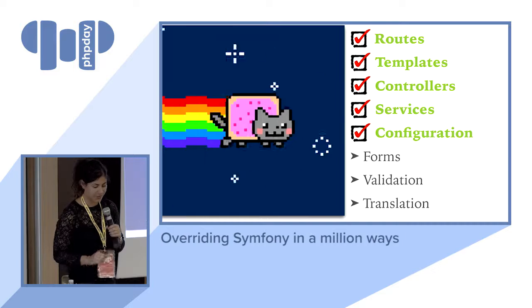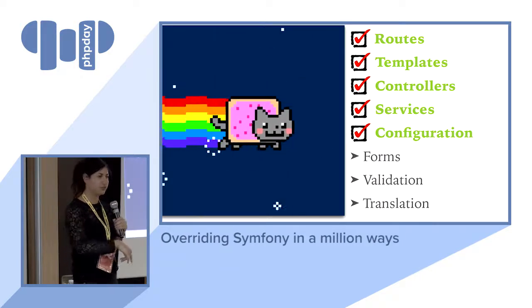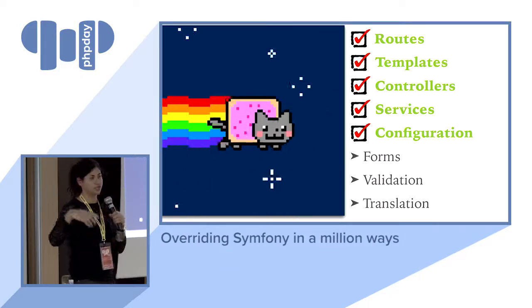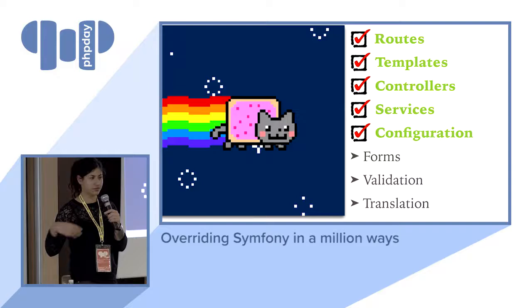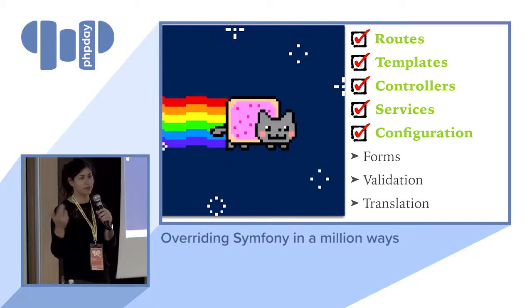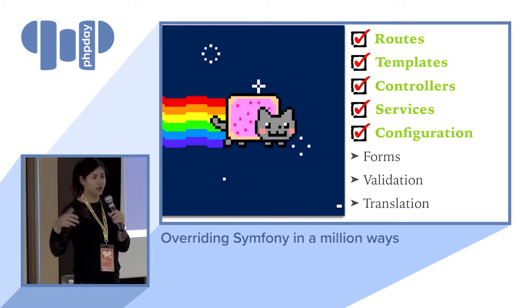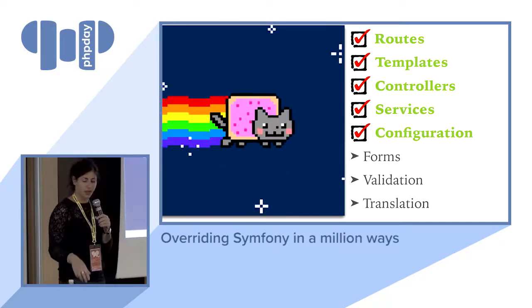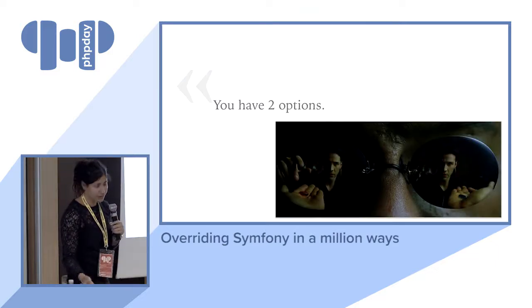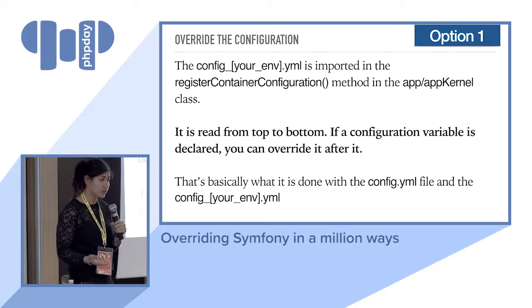All right. How about configuration? I told you before, if you want to change the file config underscore blah, blah, blah, you have to re-implement the register configuration method in your app kernel. But you can also override your configuration directly. You have two options again. The first one is the way you are using it already.